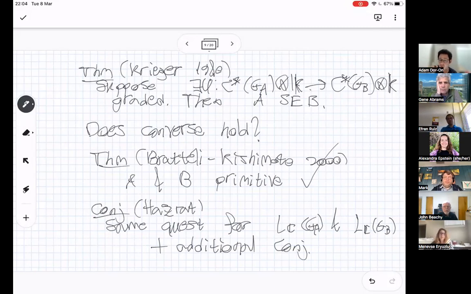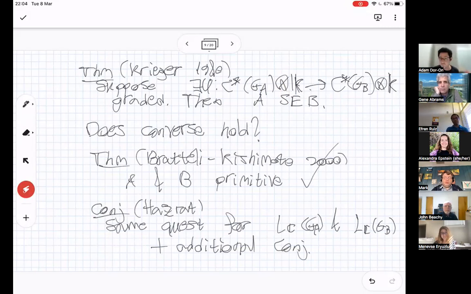He asks for it on the nose, right? He asks when the Leavitt path algebras are graded isomorphic without necessarily tensoring with a copy of compact operators, which in the purely algebraic scenario corresponds to something called a Morita equivalence. So that's the difference.